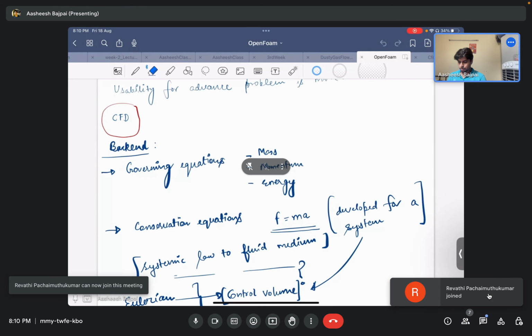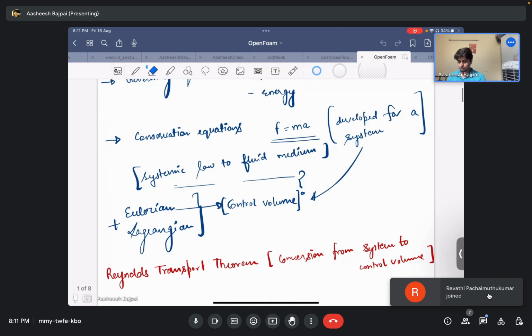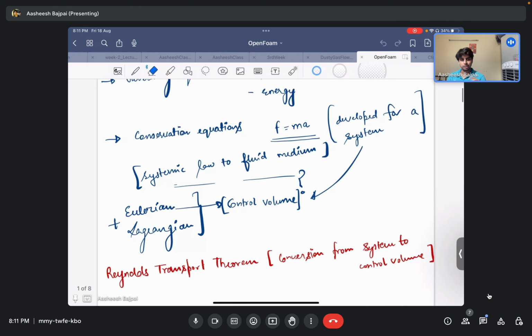So as I already explained about the governing equations, which are the conservation equations of mass, momentum, and energy. The energy equation is the heat transfer equation, and how we can have that law for a system applied to a fluid medium, which is F equals ma applied to a fluid control volume.